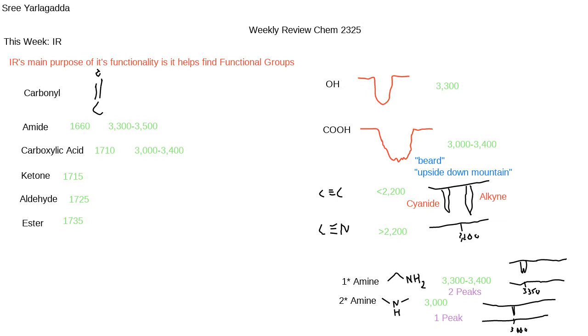And then I'll write the different peaks: carbonyl, carbonyl, alcohol, NH. Hopefully that makes sense, why there are two, and make sure you guys understand both of them.